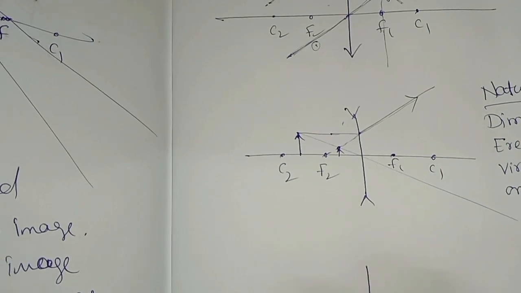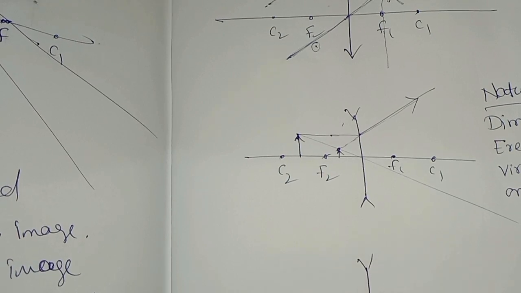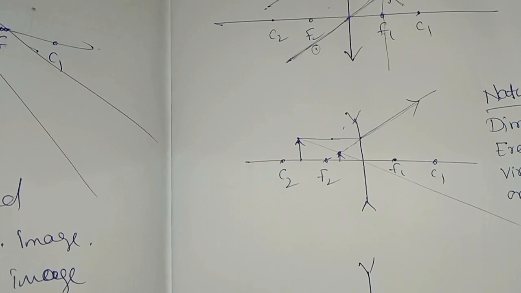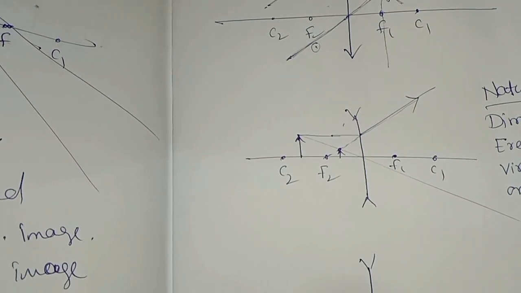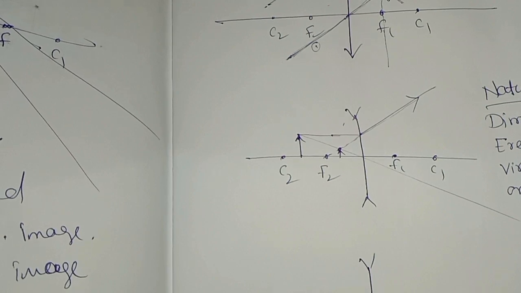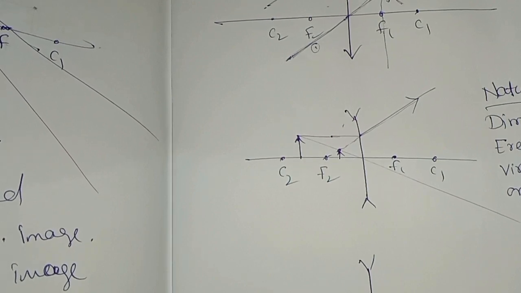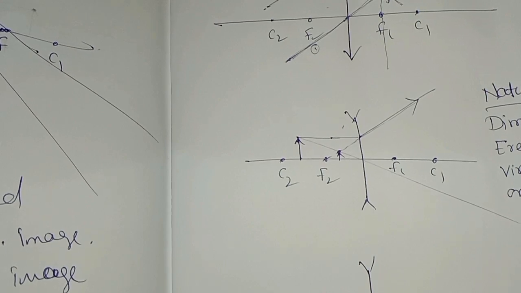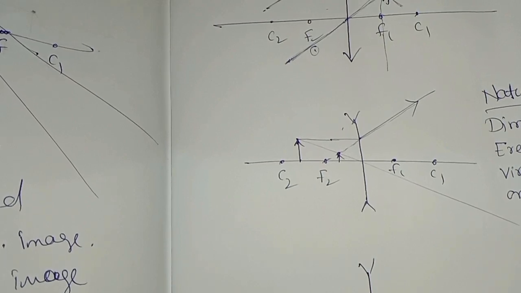Next, suppose you have a concave lens. Suppose here we have a light ray which is going in this way. How does it diverge?